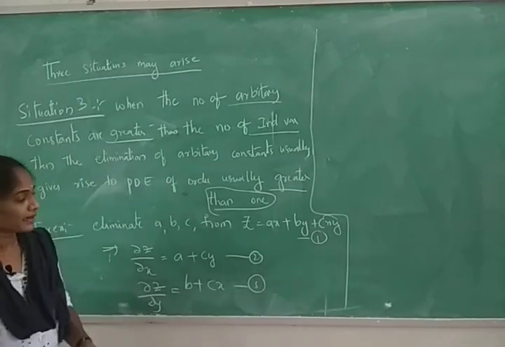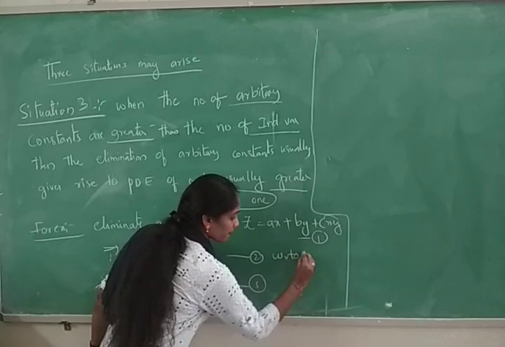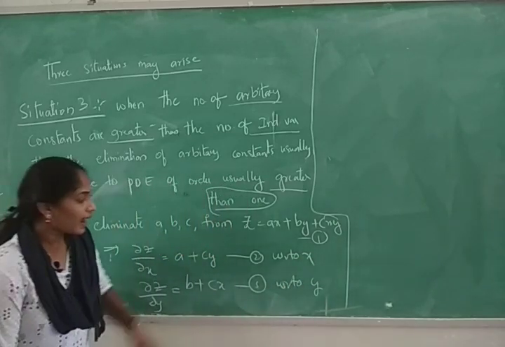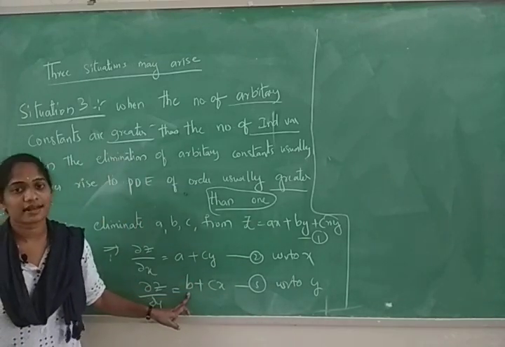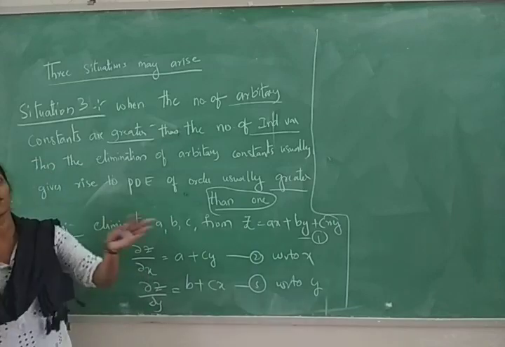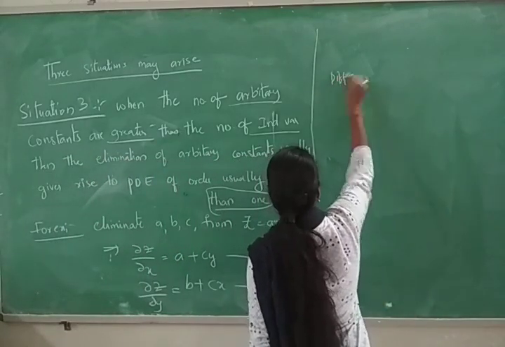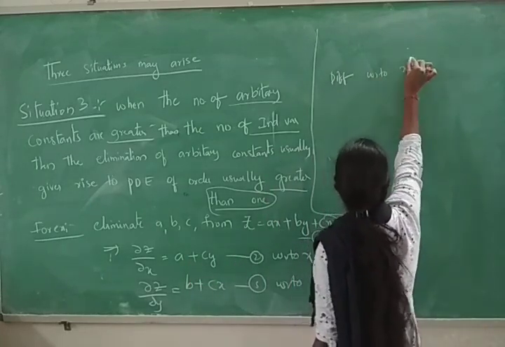What happened is, even after giving the equation and differentiating with respect to x and with respect to y, what do we see again? Arbitrary constants, right? So now what you have to do, again you have to differentiate these things with respect to x. What happens, we'll see.